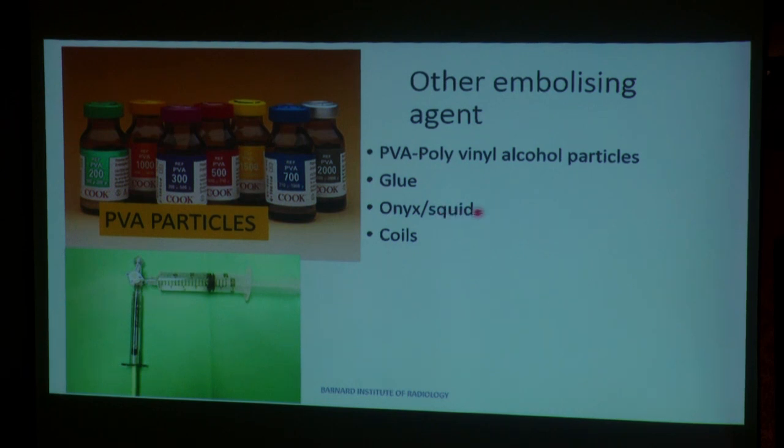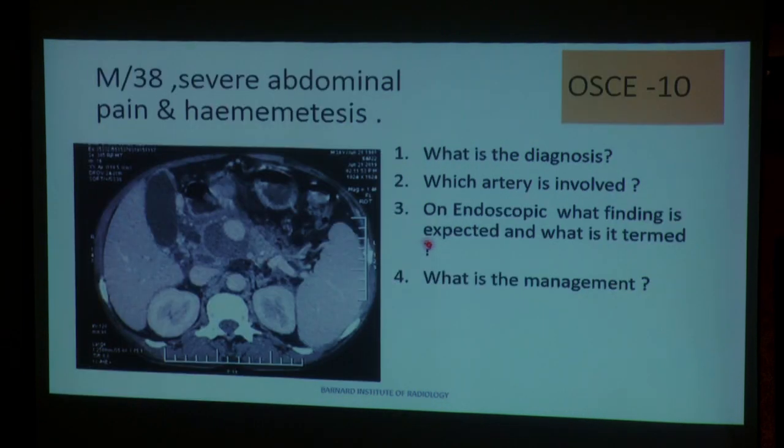They are already opaque because of tantalum, they cause less complications, very costly, and so they are mainly used for intracranial use where we do not want any complications, and the other metallic coils can also be used as an embolizing agent.